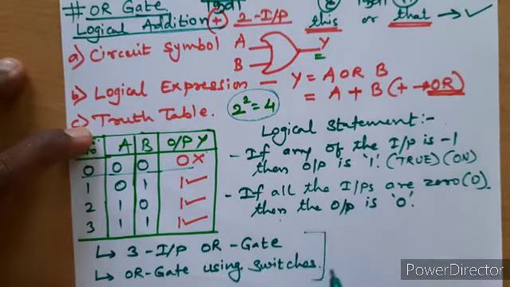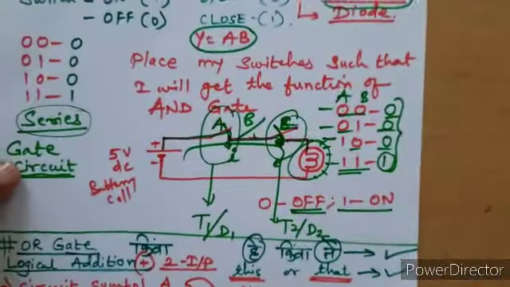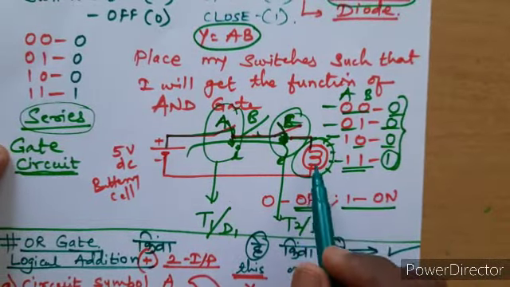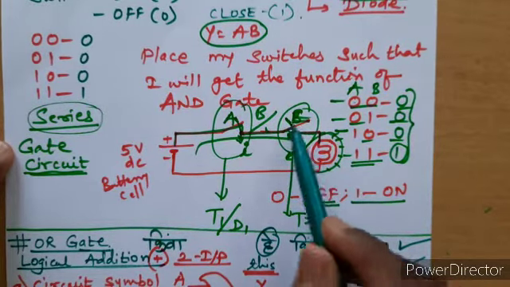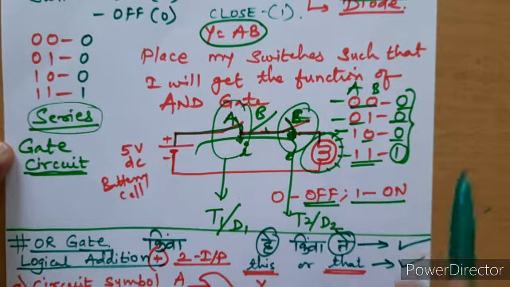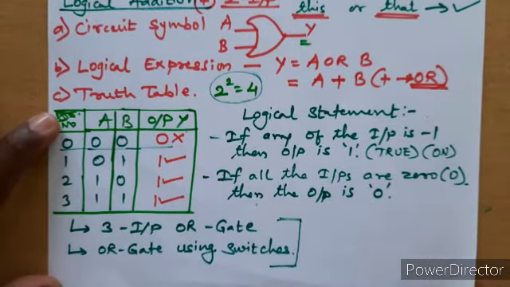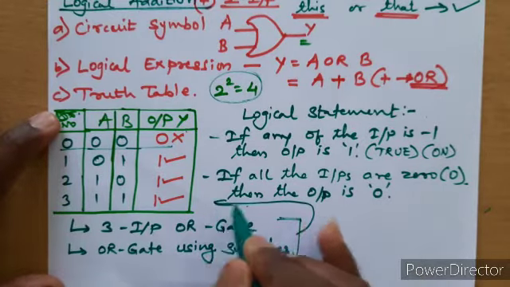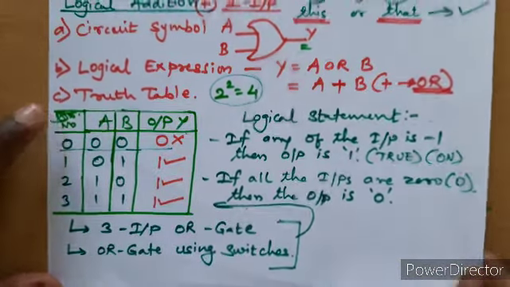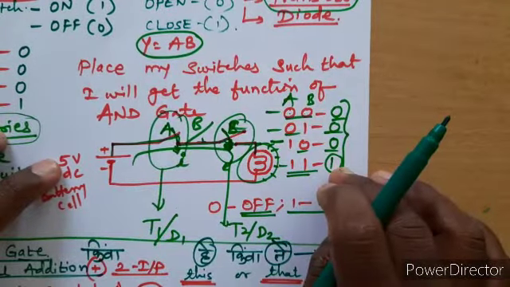So you can try both of these. Just a while ago, we discussed this circuit for AND gate using switches. Similarly, you can try this circuit for OR gate using switches, and you need to verify with the help of this truth table. All right, so this is about OR gate.